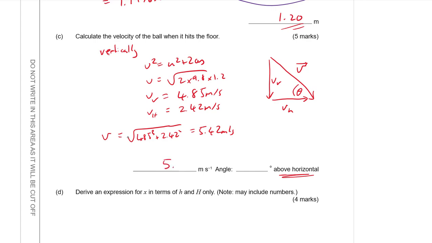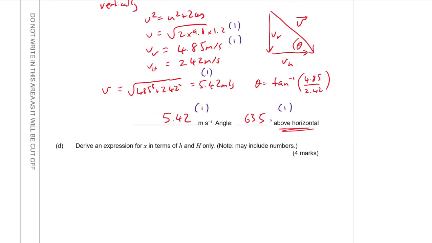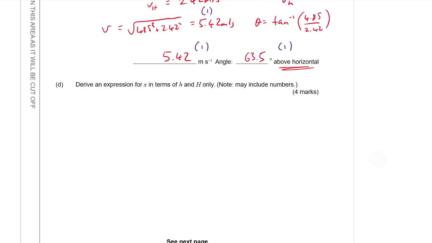So that's this answer here. And to get the angle, I know that I have VV and VH, so I have the angle as being the inverse tan of 4.85 over 2.42. And what I get is 63.5 degrees. Cool.